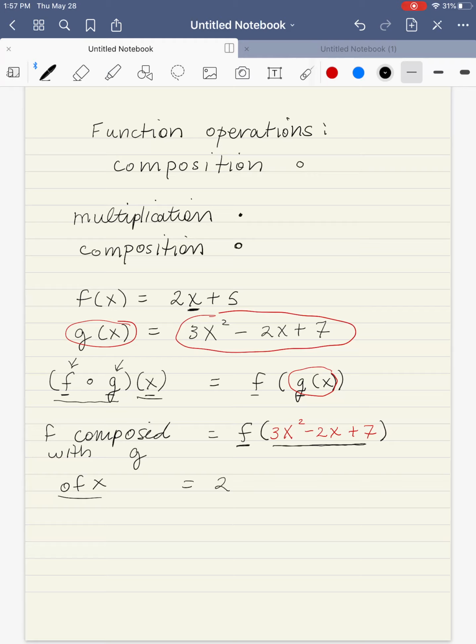So I have 2, my 2 here, times what's replacing the x, 3x squared minus 2x plus 7, plus 5. And then I can distribute the 2.